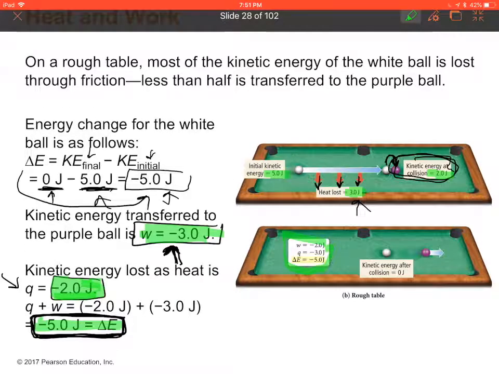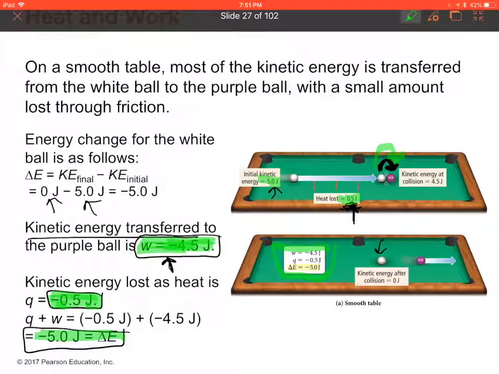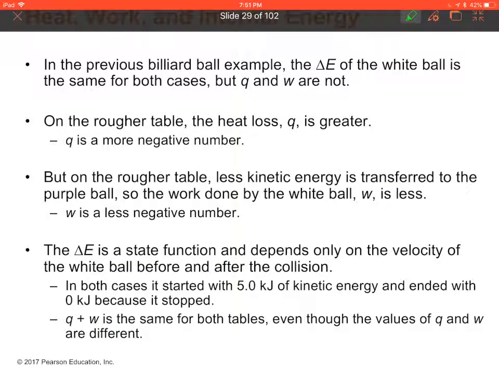And so what that means is that the change in energy is a state function. It doesn't matter how we got there, we still got the same amount of energy for both the smooth table and the rough table. But work and heat are not state functions. Therefore, they can change, as long as the amount of energy we end up with is the same.